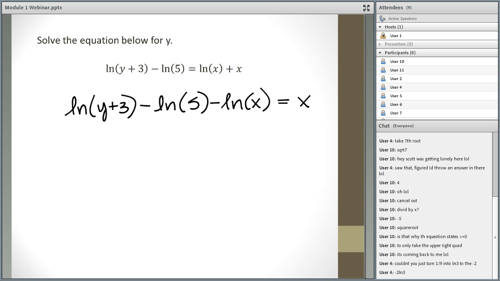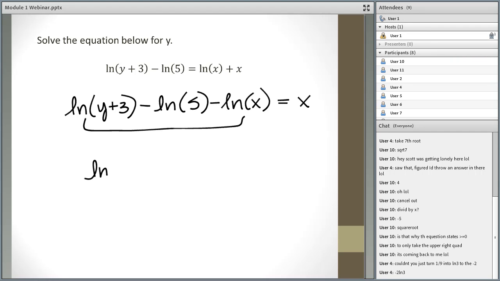So over here, kind of going in the opposite of what we just did. We just broke apart a natural log. Now I want to put it back together. So I can think of it as kind of factoring a natural log out to the front using the log rule. So I'd have natural log y plus 3.